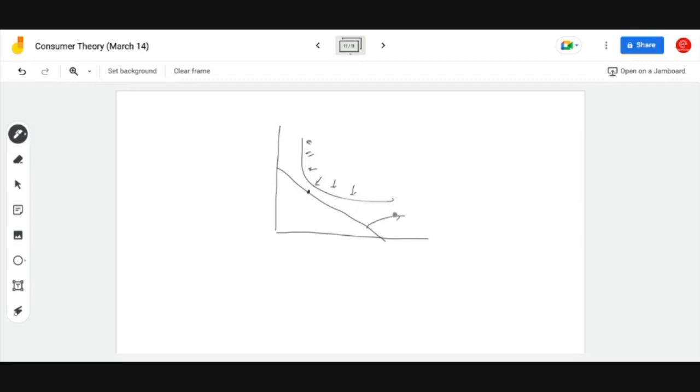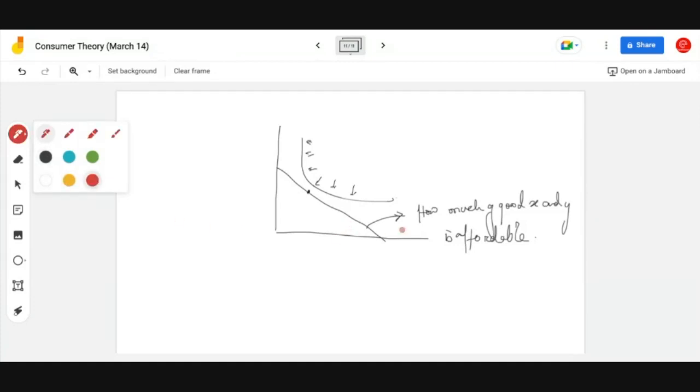Because this budget line gives you how much of good X and Y you can afford. How much of good X and Y is affordable? So that's why we say that yes, we must consume on the budget line. Therefore, we must have an indifference curve on the budget line.